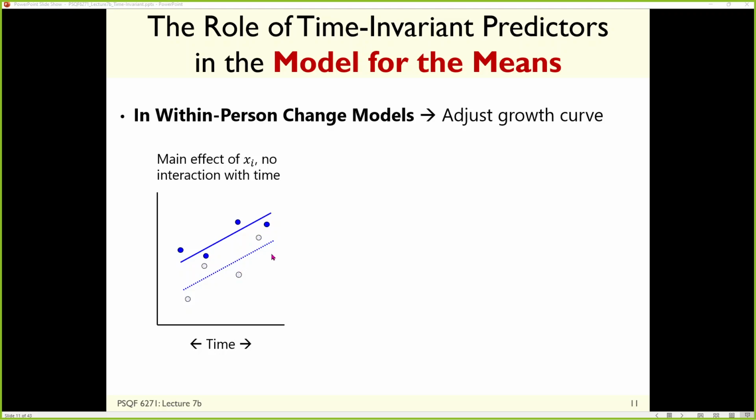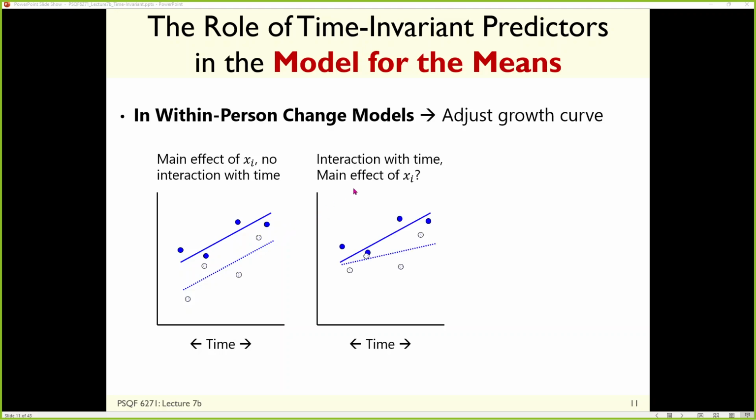So for instance, this picture would be consistent with a level 2 predictor X. Let's say that there's a high group and a low group on this for convenience's sake. And if the darker line is higher on X, that means they start out higher, but they don't change differently. So a main effect of a time invariant predictor is adjusting the intercept specifically.